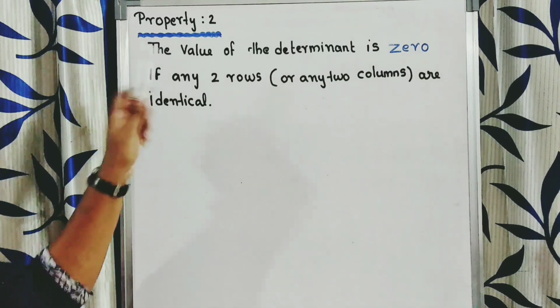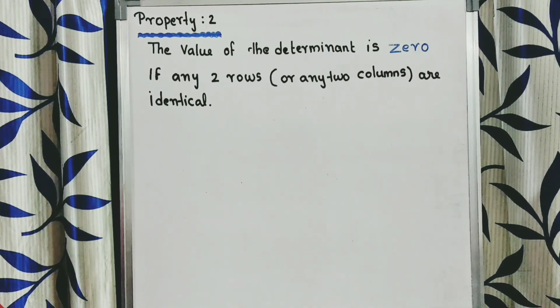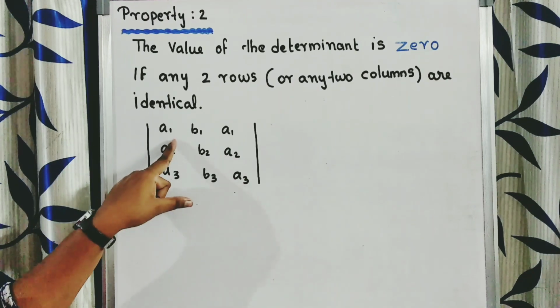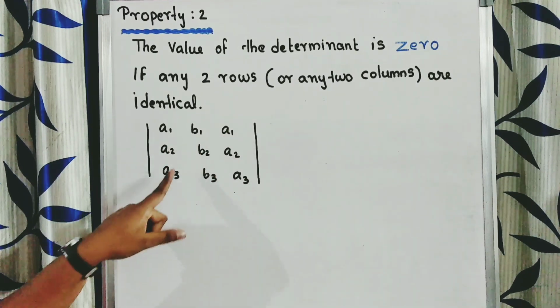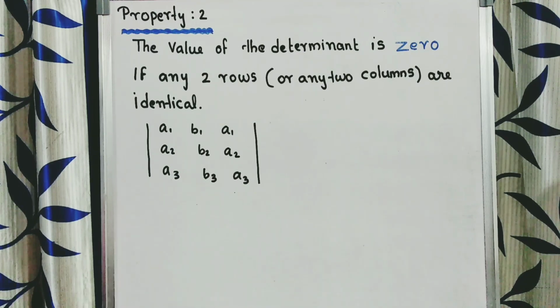The value of the determinant is 0 if any two rows or any two columns are identical. That is, determinant A1, B1, A1, A2, B2, A2, A3, B3, A3.